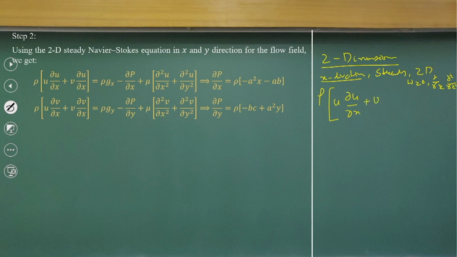So, this is v del u by del y, that is the convective acceleration part, equals rho g x minus grad p by grad x plus mu times the Laplace operator, that is what we are expanding here.